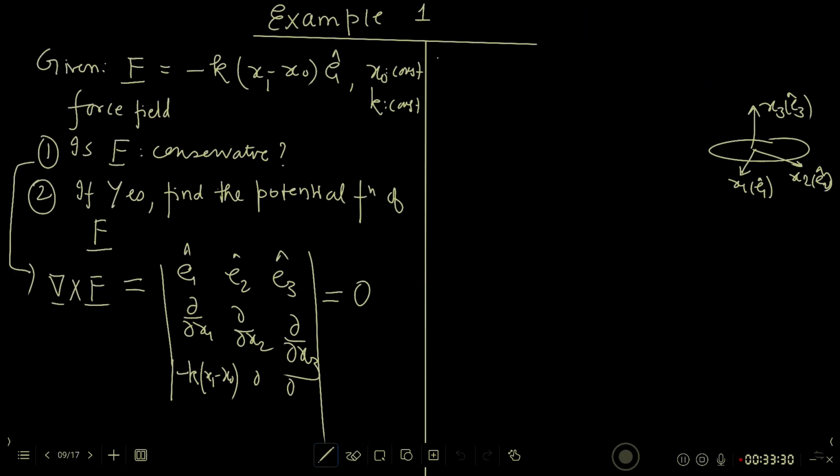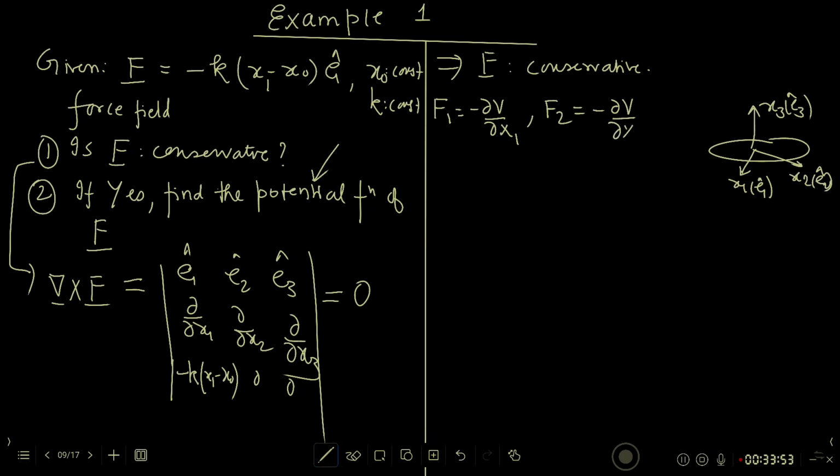Force field is conservative. Now if it is conservative, I need to find its potential function. How do I find its potential function? Yesterday I derived these three equations.